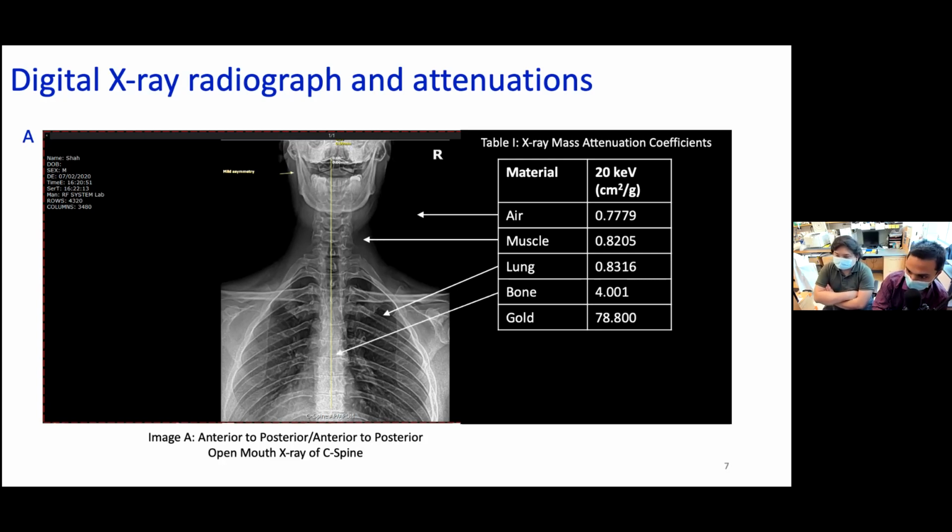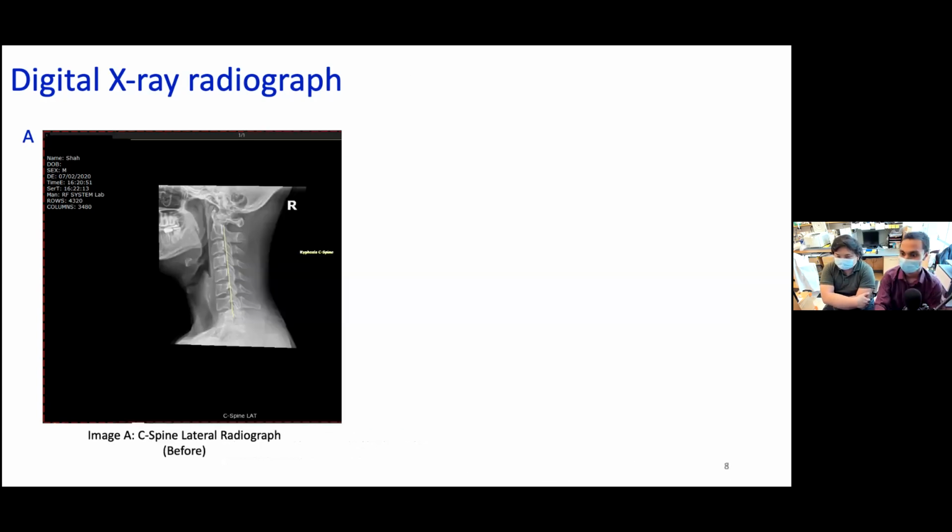The bone of my C spine, cervical spine, scatters more radiation, so it's more visually white. And if you look over here compared to my other teeth, there is a sharper white color in this area. That's because of the gold in one of my crowns, so that attenuates more X-rays, right?